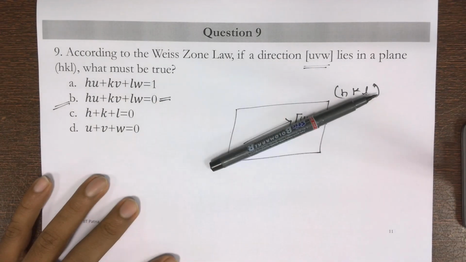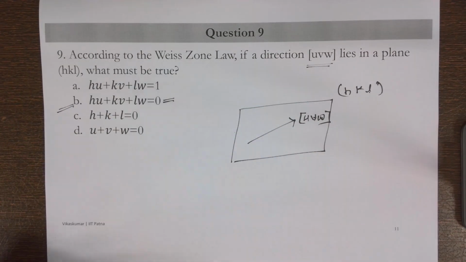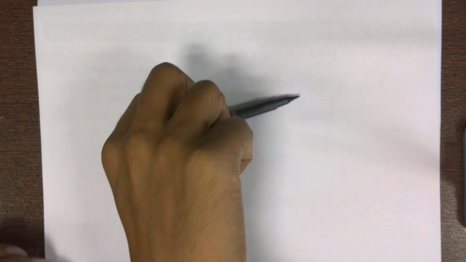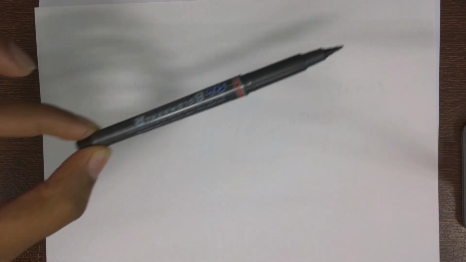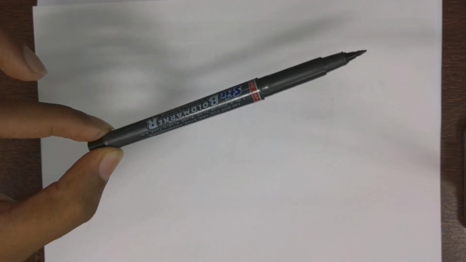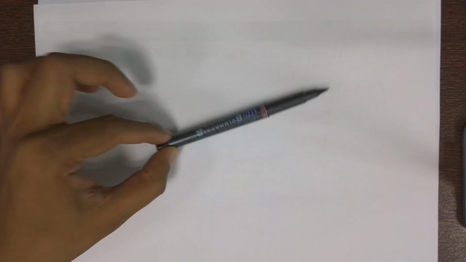Not only lying on the plane, let's say this paper is my plane, and initially my direction was on the plane. Now my direction is shifting. It went up. The property of a vector is that we can move it parallelly, so it can move down. So it is also lying on the plane.